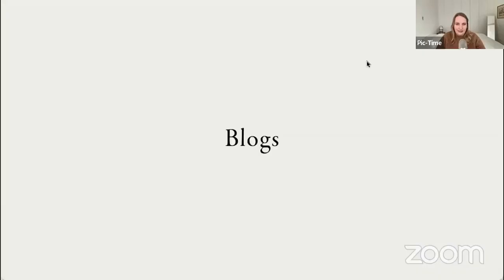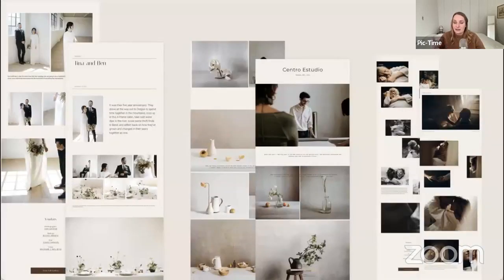Okay, so the next part is the blogs. Very much like the slideshows, the blogs are something that we saw photographers maybe underutilizing a little bit. So we wanted to make it really easy. Similar to the slideshow, with the Pic Time blogging feature, you are able to mark the images in the gallery that you want to use.